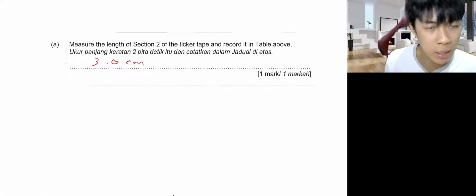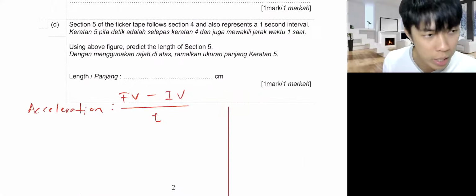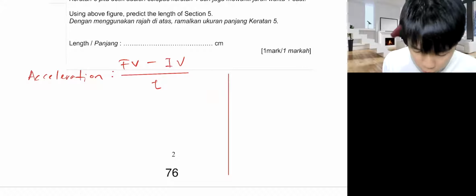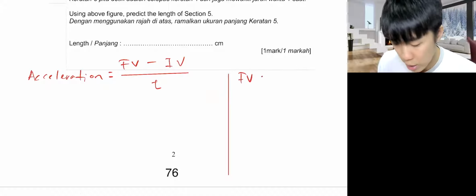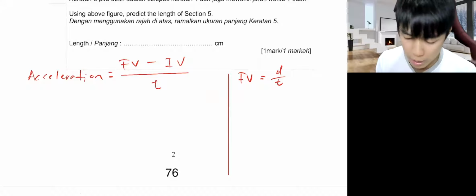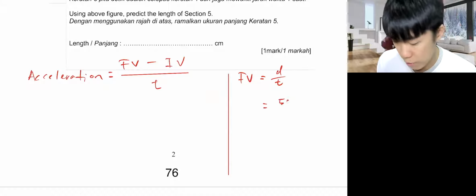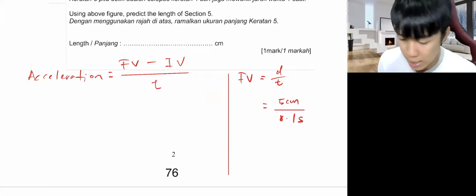Right, do you want to try? I think I show you, we do it together, okay? So in order to find out my final velocity and initial velocity, I've got to do it on the other side. So final velocity equals the distance over time, right? So final means the last strip. So the last strip is 5 cm over time is 0.1. That's why I say don't struggle already.